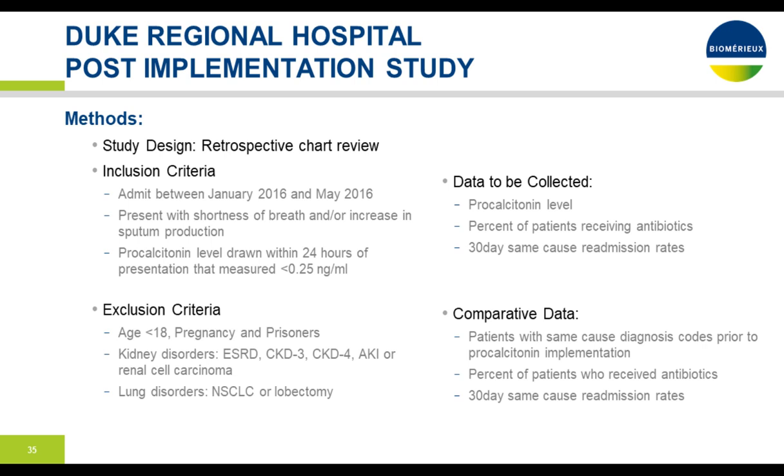We excluded the usual: age under 18, pregnancy, and prisoners. We did exclude kidney disorders, including end-stage, CKD 3-4, AKI, or renal cell carcinoma. And we also excluded non-small cell lung cancer and lobectomies.